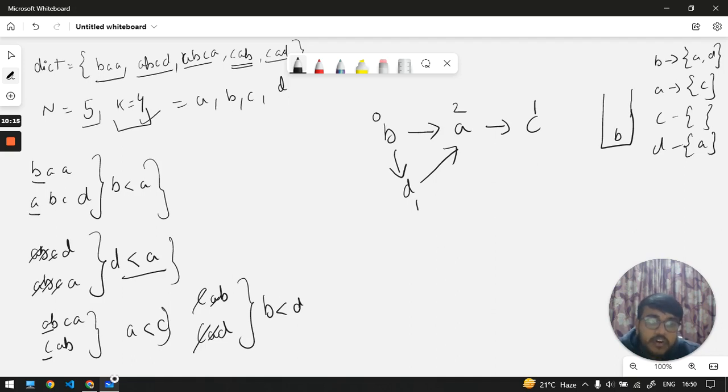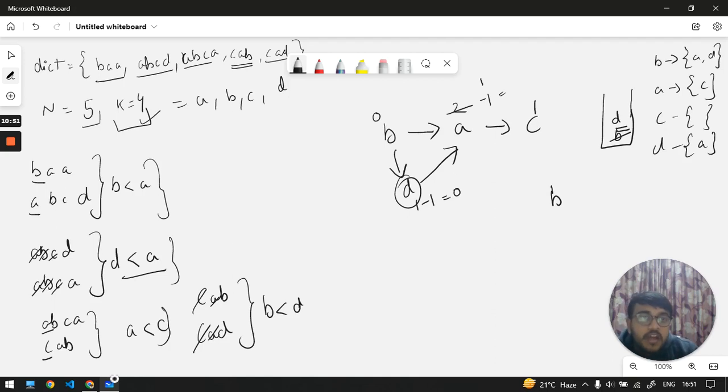What the topo sort says is that when you visit any adjacent node, reduce its in-degree by 1. So 2 minus 1 gives 1, and 1 minus 1 gives 0. If you find any adjacent node with in-degree 0, you push it to the queue. So I found node D, and I push D to my queue and take B as my answer in the answer array.